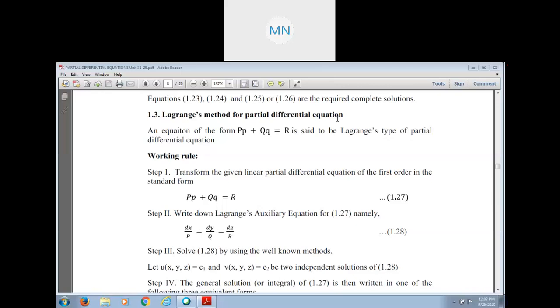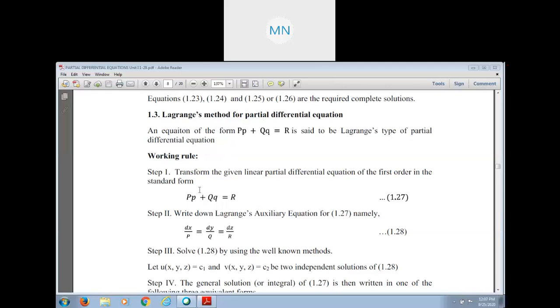Suppose an equation of the form capital P small p plus capital Q small q equals R, where small p means del z by del x and small q is del z by del y. To solve such an equation, we use the Lagrange method.